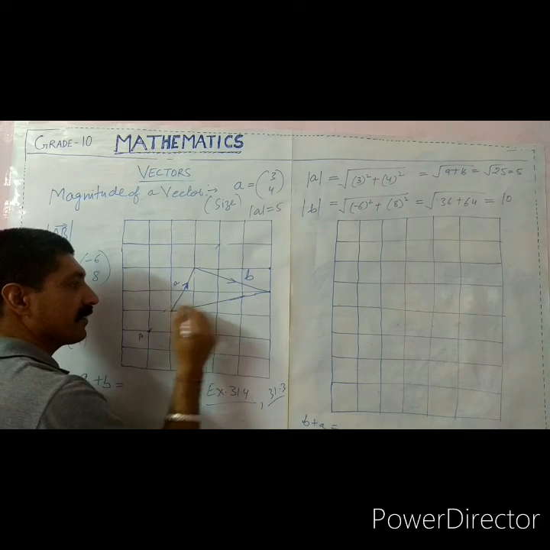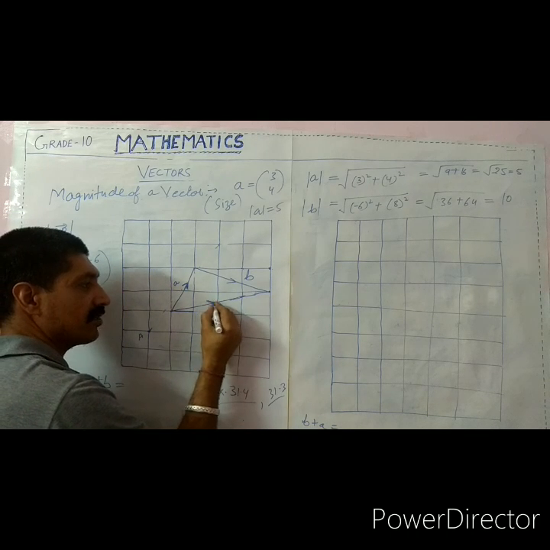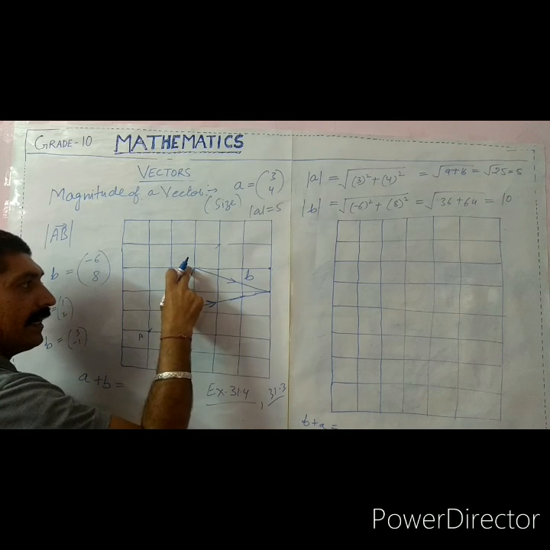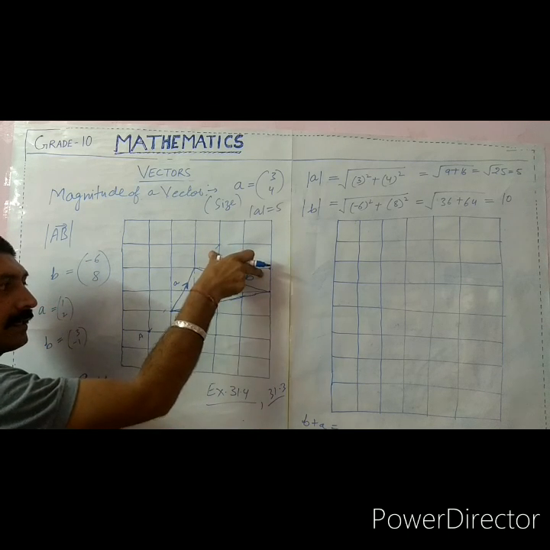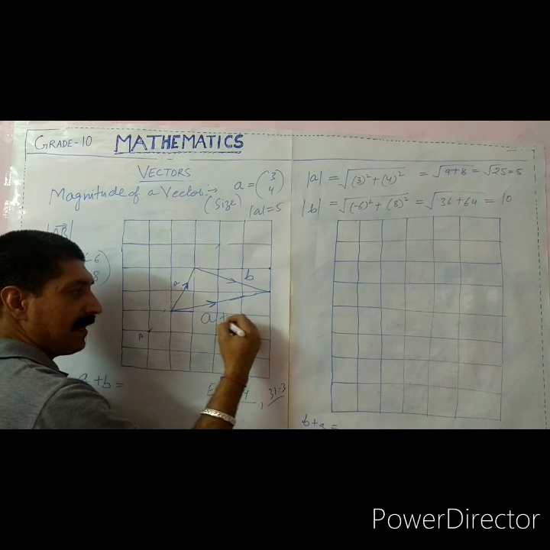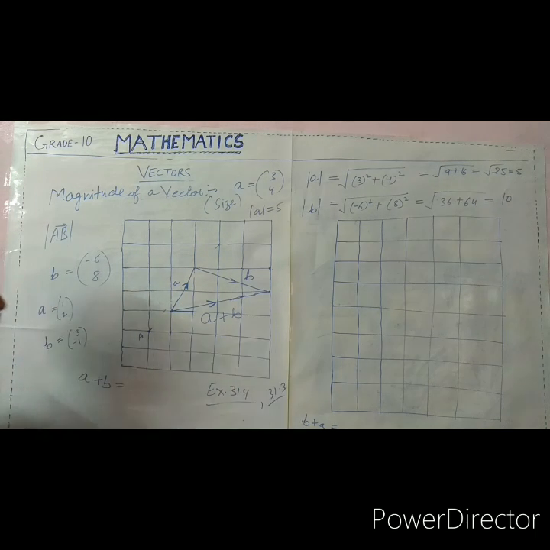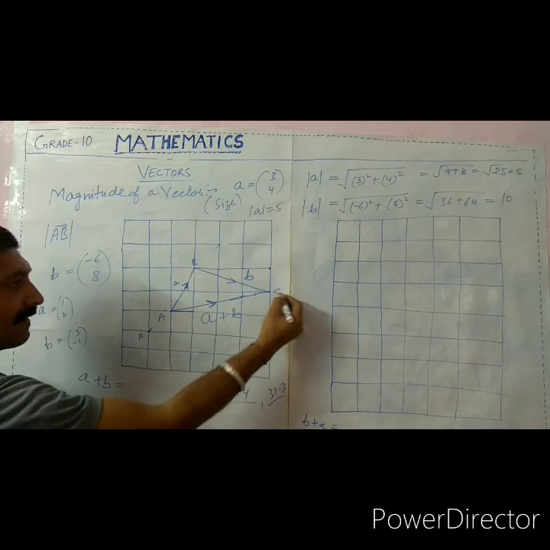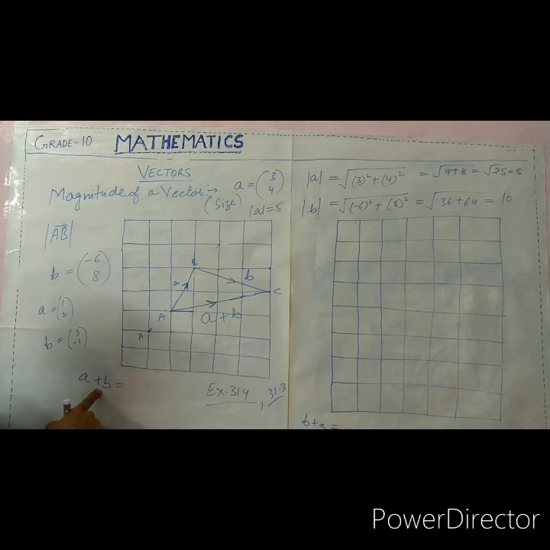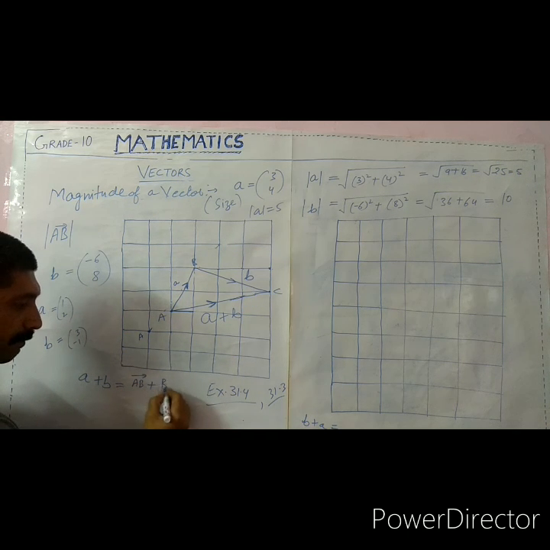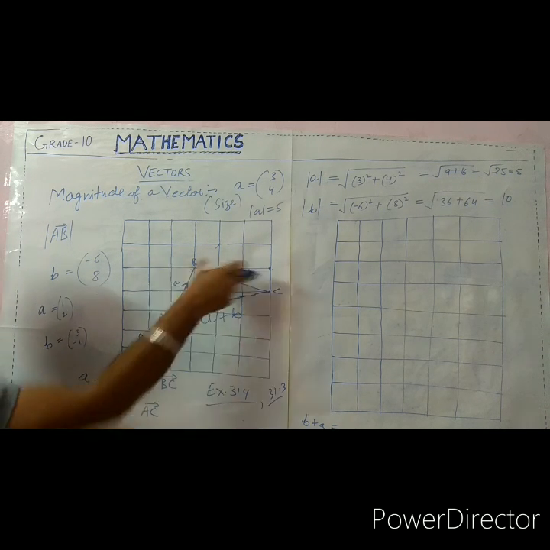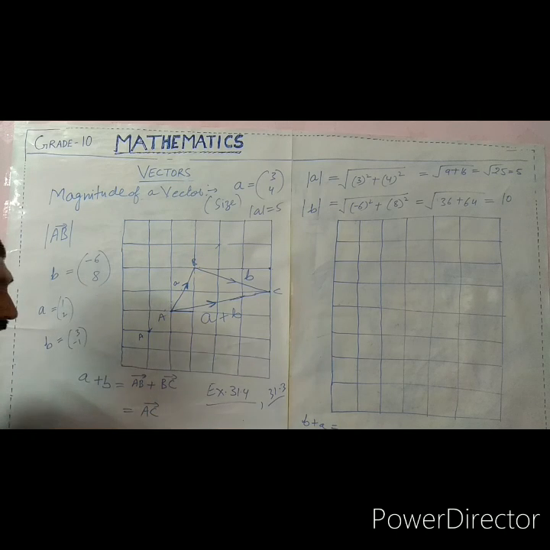The direction of this vector is from A plus B. This vector is vector A plus vector B. If I name the points A, B, C, then I will write AB vector plus BC vector is equal to AC vector. The sum of two vectors is AC.